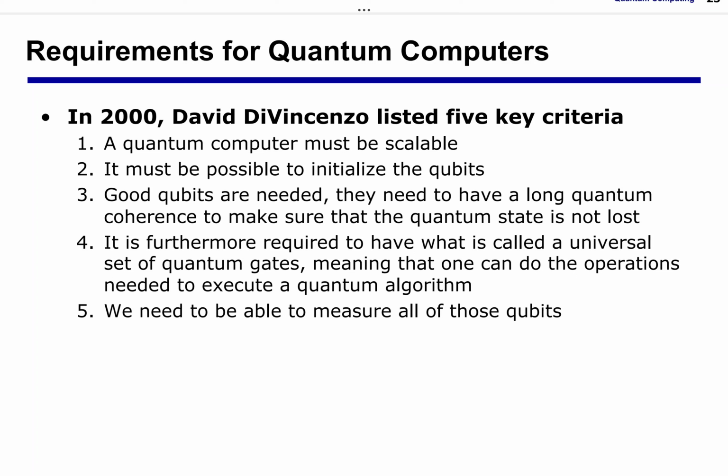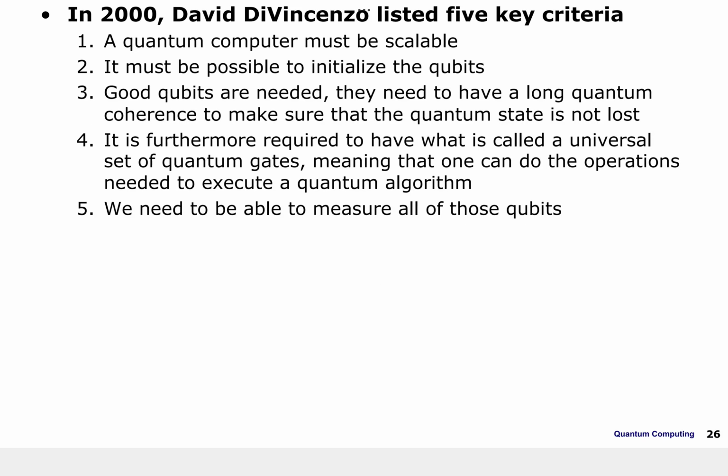It must be possible to initialize the qubits. Good qubits are needed, and they must be scalable. We need a universal set of quantum gates, and we must also be able to measure the qubits.